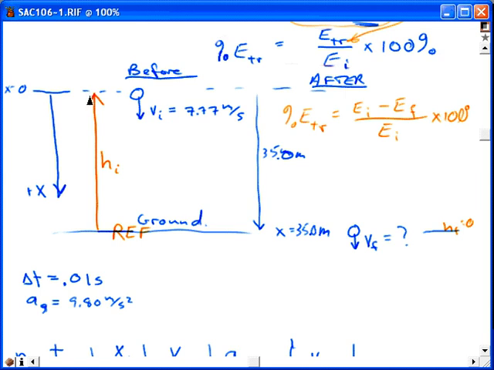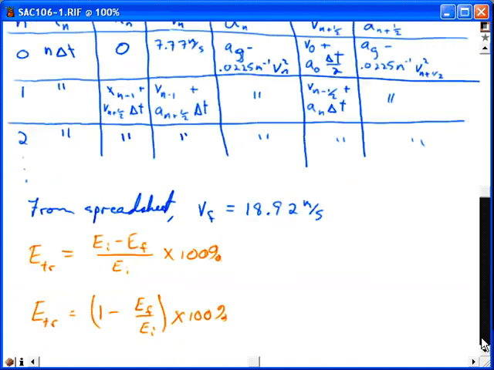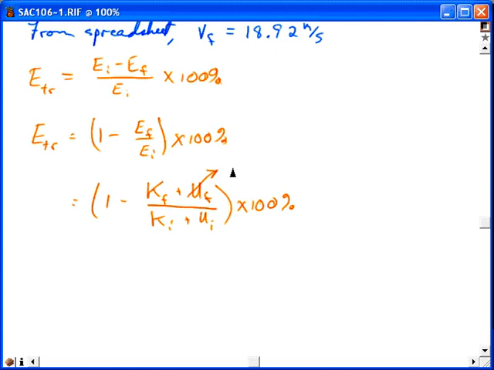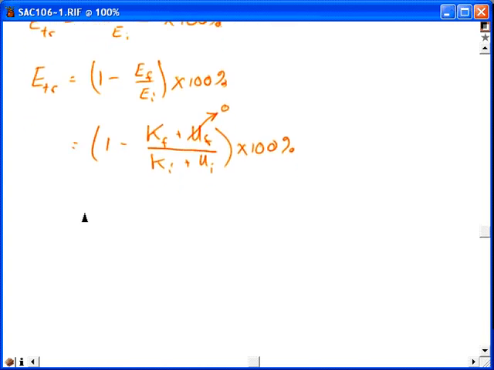In the before picture, it'll be up high and moving at 7.77 meters per second, and then in the after picture at the reference level and moving at that speed that I found. So we can say there's 0 potential energy at the end because it's at the reference level.